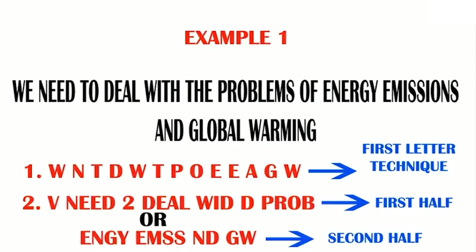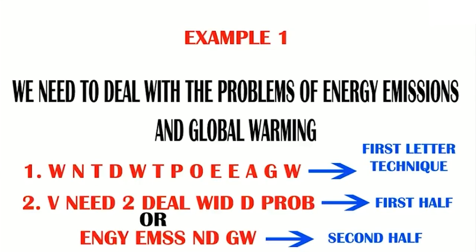I personally believe that. So you can see, we need to deal. The first letters are W for we, N for need, T for to, D for deal, W for with, and so on. Then speak: we need to deal with the problems of energy emissions and global warming.